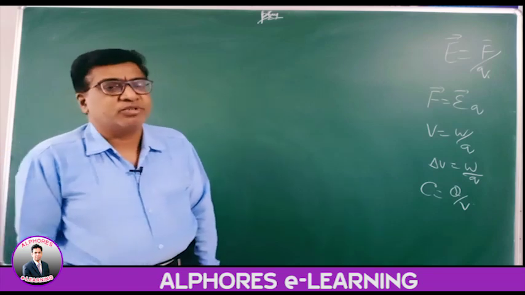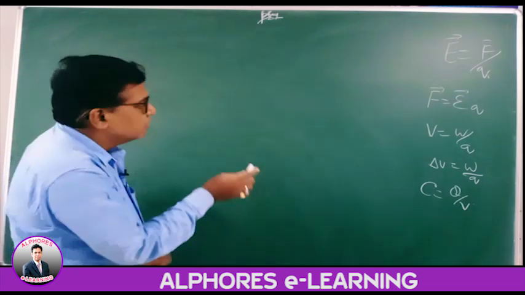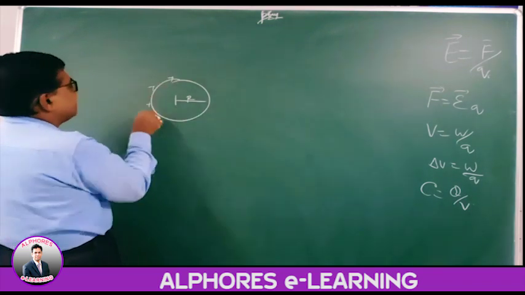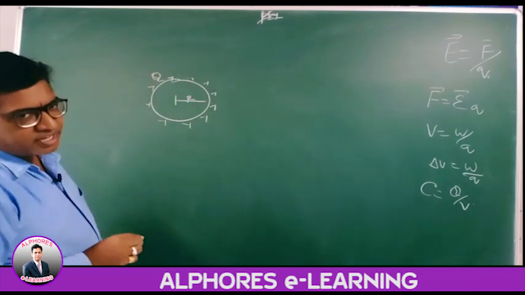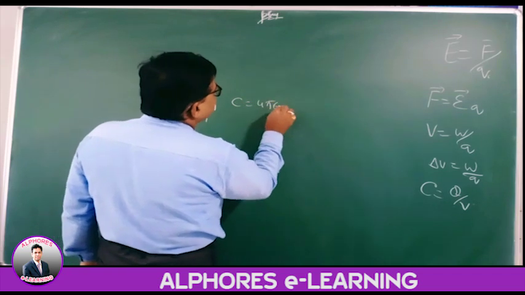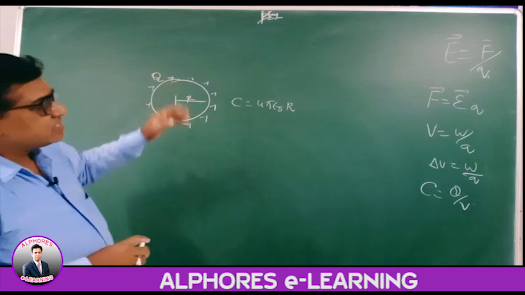Later we talked about a simple capacitor called the spherical capacitor. Suppose I imagine a sphere of radius R charged with some charge Q. The capacity of this capacitor is 4 pi epsilon naught R. It is proportional to the radius, so it depends upon the size of the sphere.